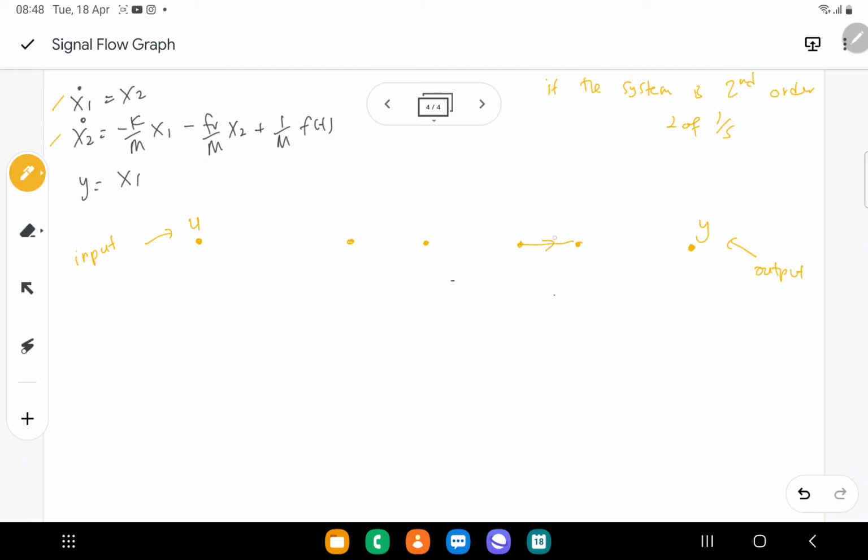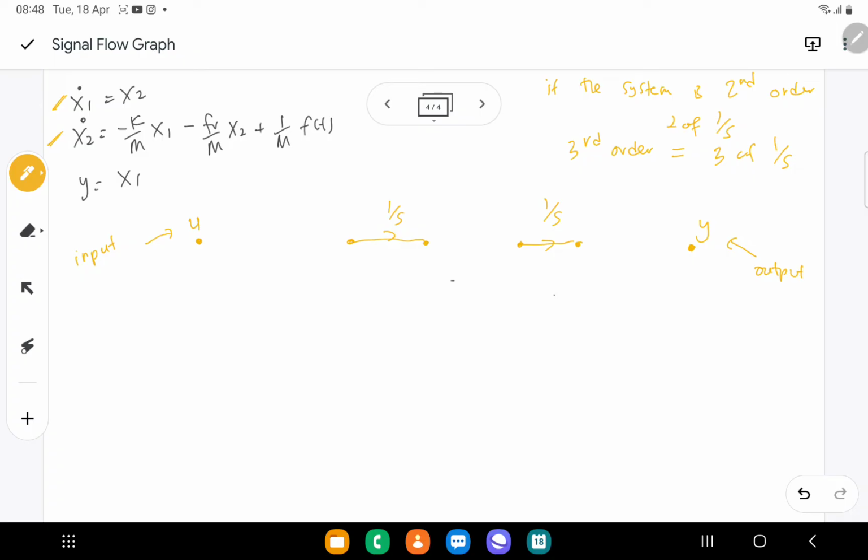So this is the first 1 over s, and this is the second 1 over s. So it means that if your system is third order, you must have three of 1 over s. Easy. Okay, so this is a second order system, so it means that you must have two 1 over s.